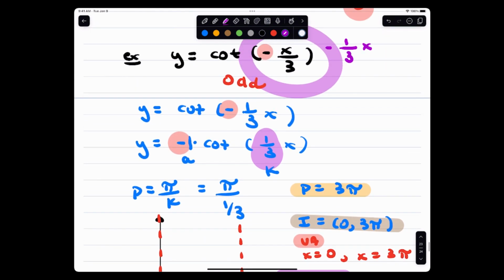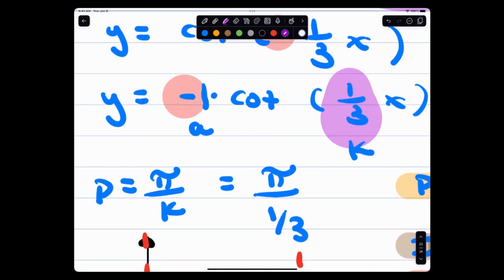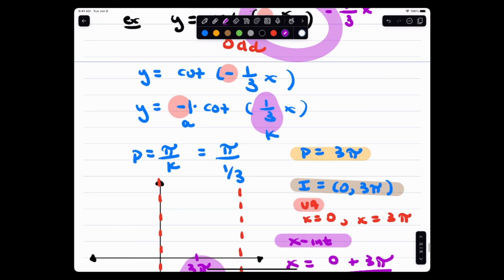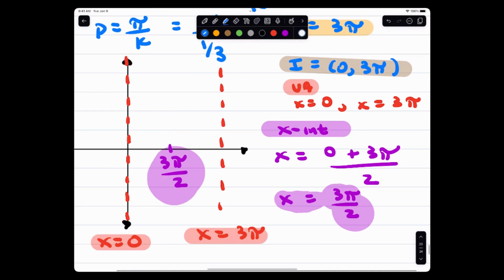But what's going on with this curve? A is -1. What's going on here? Well, if this was the regular cotangent, you would graph it this way.